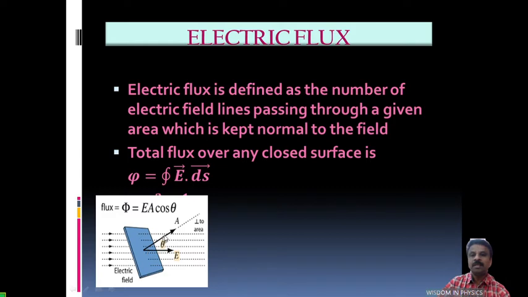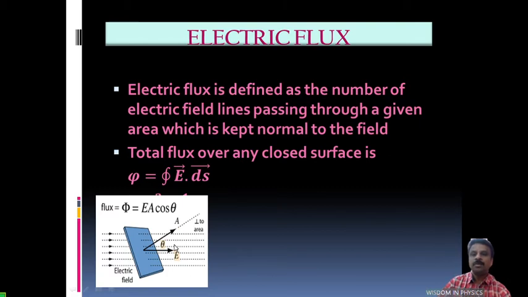E cos theta is along the area vector and E sin theta is along the surface, so this will not do anything to the electric flux. So we will consider only the cos component of the electric field. Or you can resolve the area into components, so either way is possible. In this case electric flux is equal to EA cos theta.